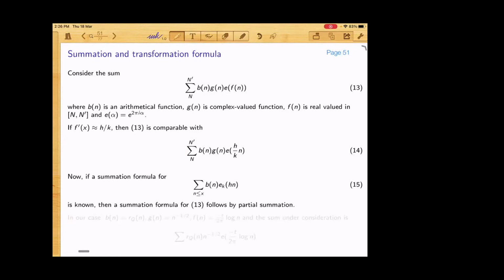The difference is very small. Therefore, 13 can be replaced with 14.